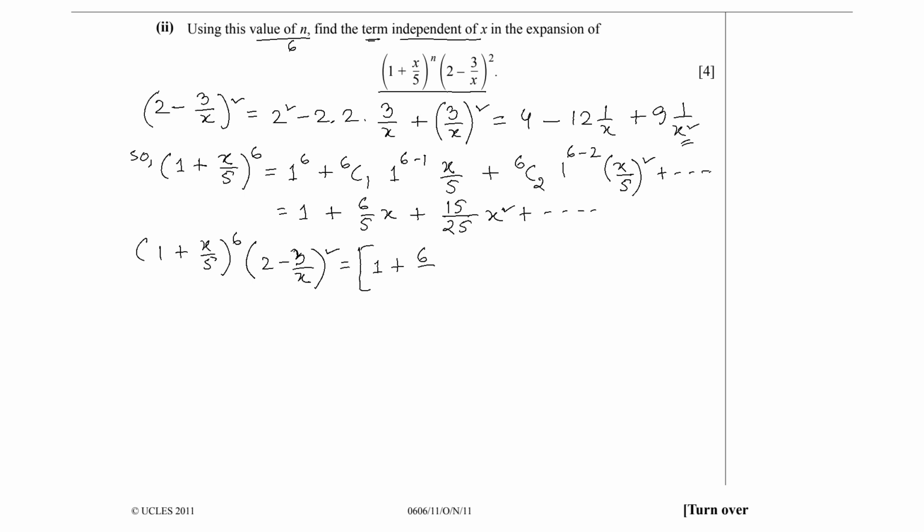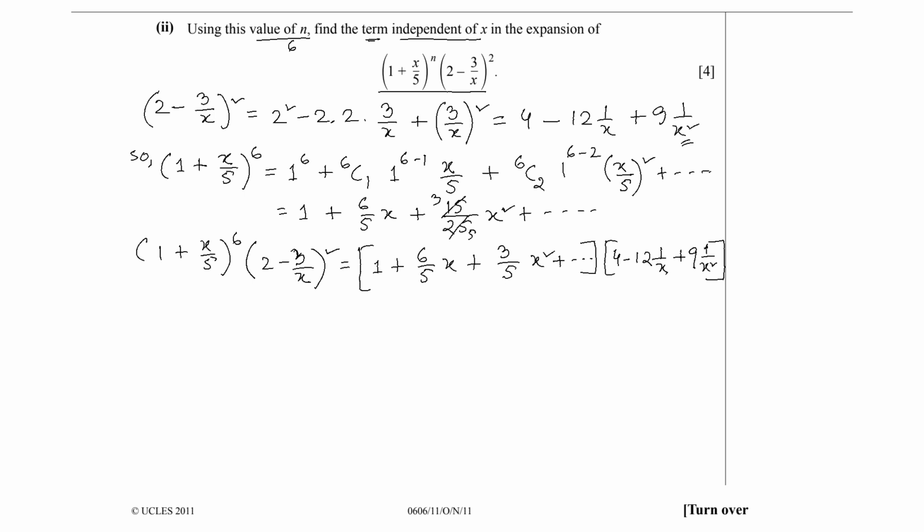So 1 plus 6 over 5 times x plus, let's simplify this, 15 by 25 can be written as 3 over 5, so 3 over 5 x squared plus dot dot dot, that will be multiplied with 4 minus 12 times 1 over x plus 9 times 1 over x squared.